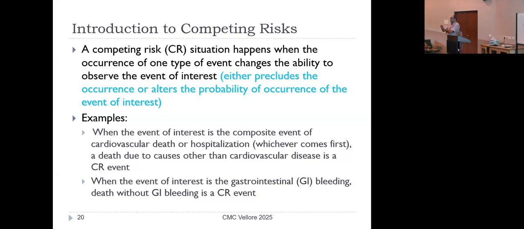I cannot have an MI. I cannot have a stroke. So dying of cancer is competing with MACE. It precludes occurrence or alters the probability of occurrence of the event of interest. Or for GI bleeding, death without GI bleeding is a competing risk event.